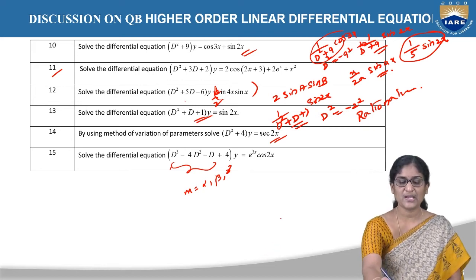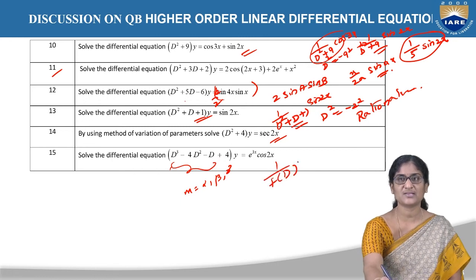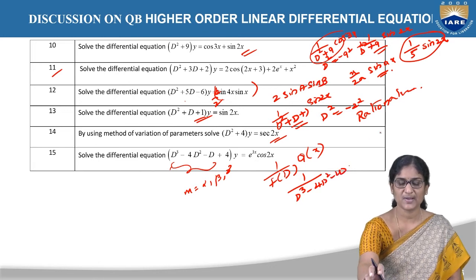And how to get the particular integral? Particular integral is given by 1 by f(D) into Q(x), and 1 by f(D) is nothing but 1 by (D³ - 4D² - D + 4) into e^(3x) cos 2x. So how to solve this?